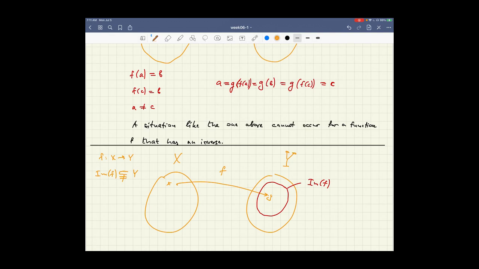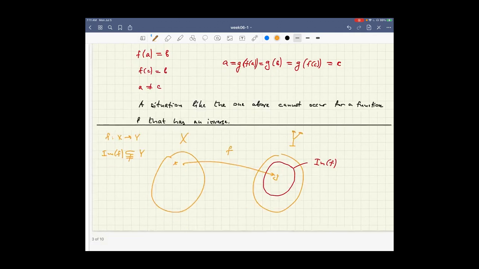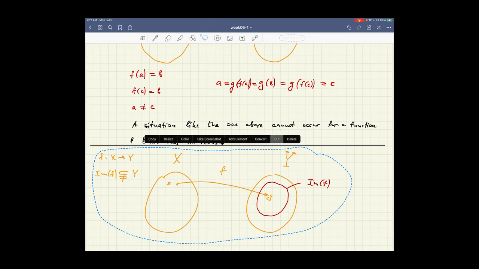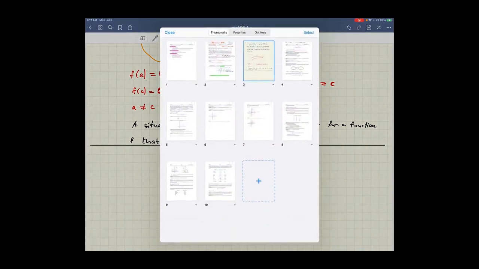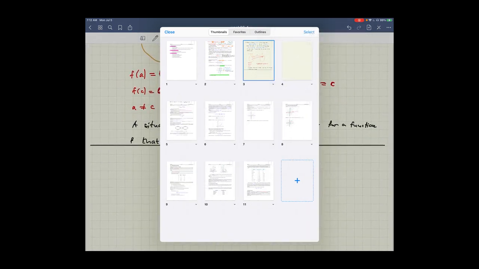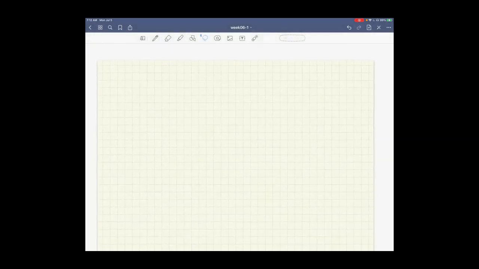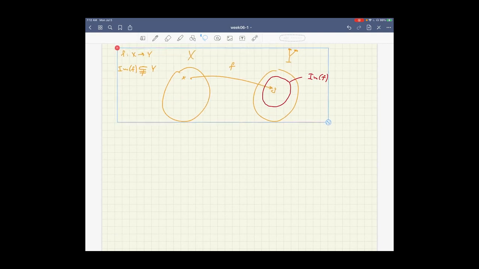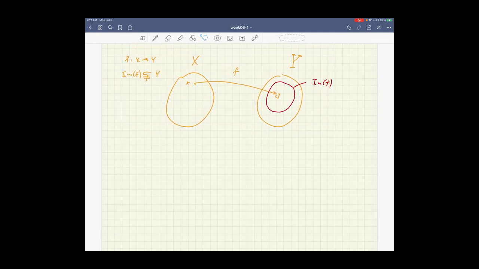And suppose that the necessary condition for f to have an inverse is met, so f is injective. Let me move this to a new page. Suppose that f is injective.